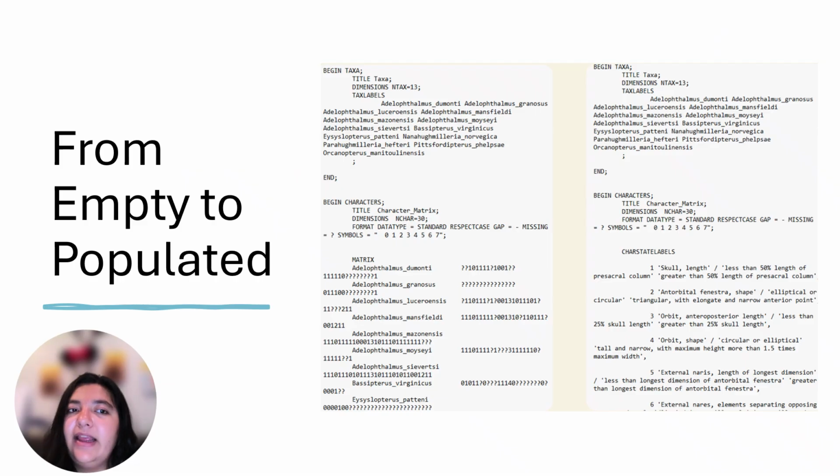So when I say empty Nexus files, I am talking about there being no characters versus actually being characters. So in an empty Nexus file, right over here, we can see that there's a taxa box. There's a character box right here, but it is empty. There are no characters in this box. And then you see the actual matrix encoded in this file.